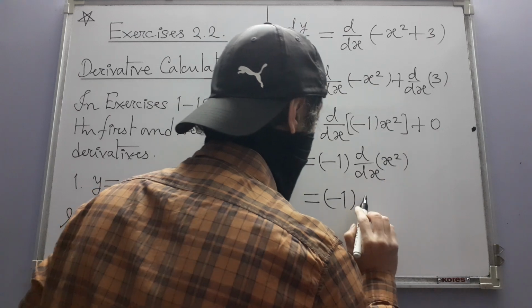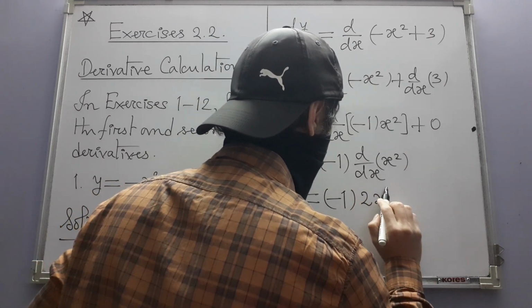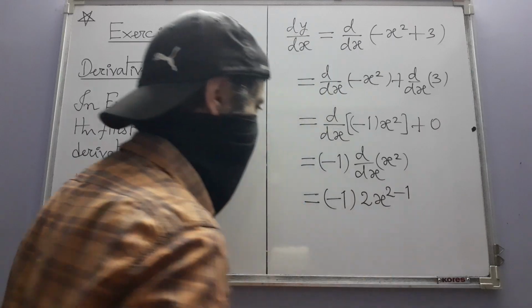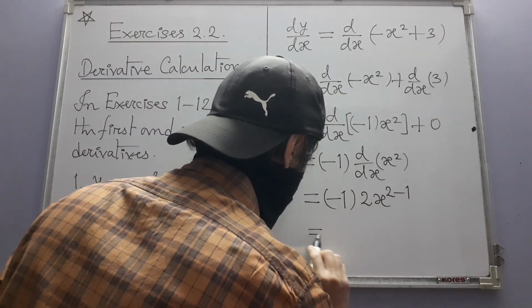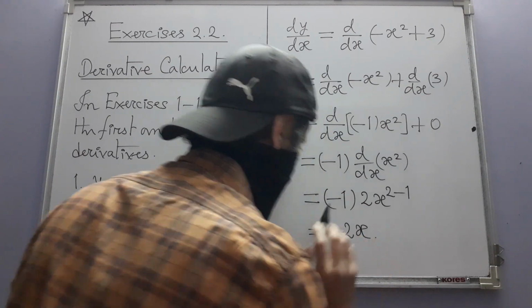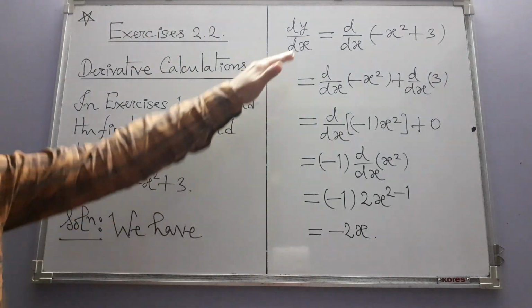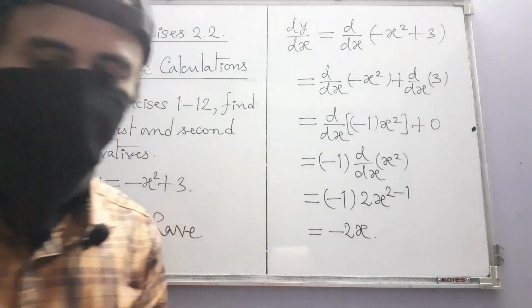It says that the exponent comes down and it gets reduced by 1. So ultimately what you end up with is minus 2x. So that is the first derivative. Now we go for the second derivative.